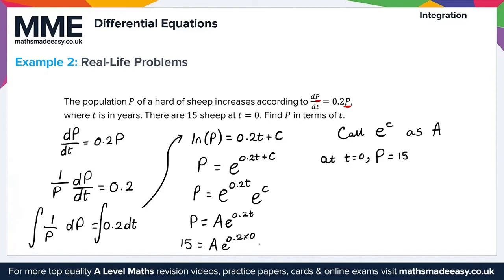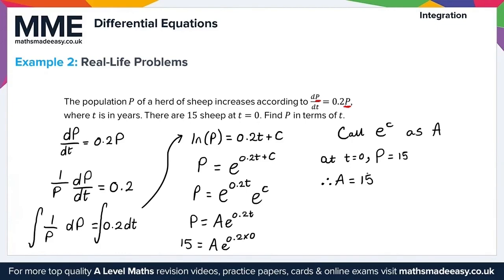So that's 0.2 times 0. So what that gives us is a e to the power of 0. And remember, e to the power of 0 is just simply 1. So what we get here is that a will simply be 15. Okay, so a is simply 15.